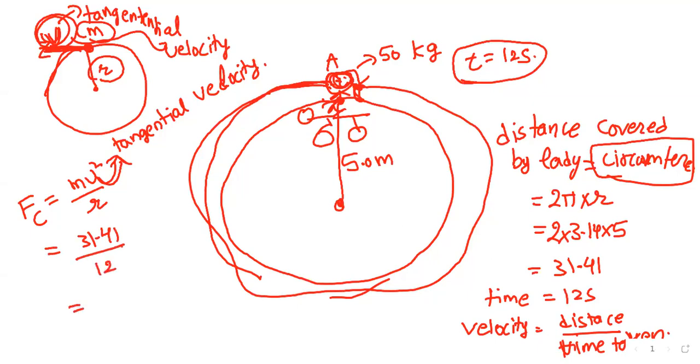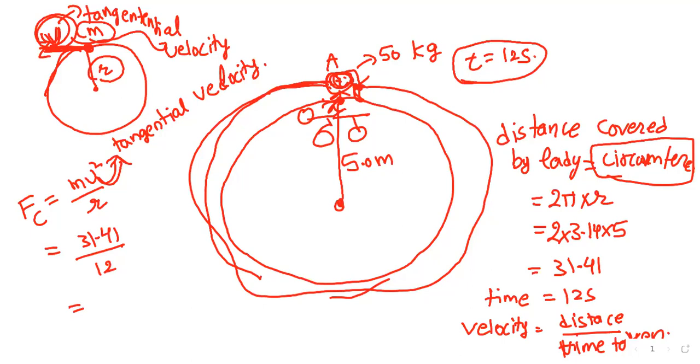What's the value of distance over time? I hope you are familiar with this formula. Velocity is given by distance over time.